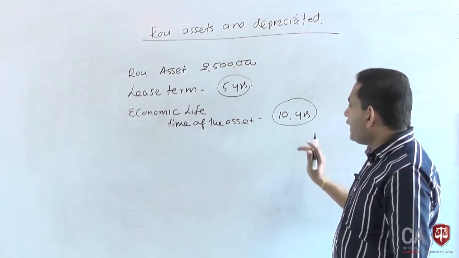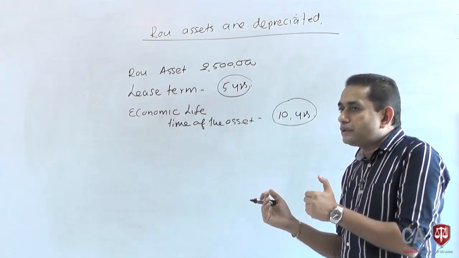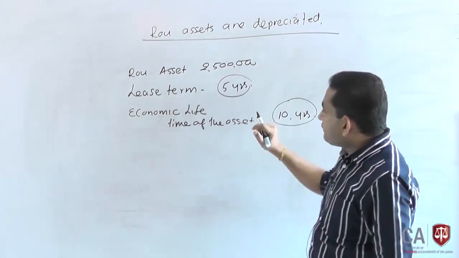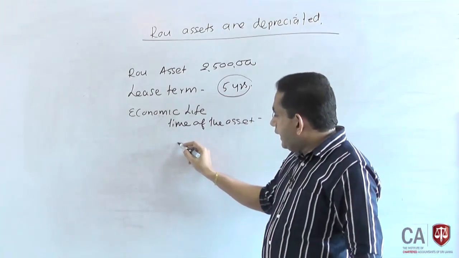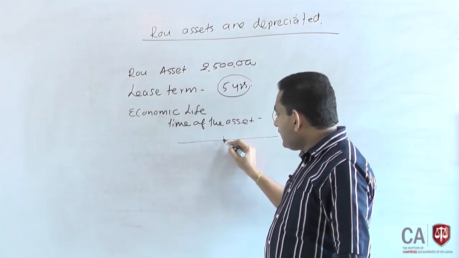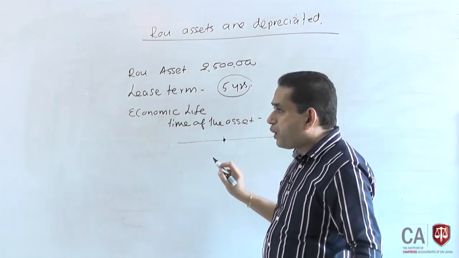Now, economic lifetime seems to be 10 years, that is the lifespan from the birth of the asset right up to the death of the asset. Lease term is 5 years. At the end of the lease term, which is 5 years, the lessee is going to exercise the purchase option to buy the asset on his own.